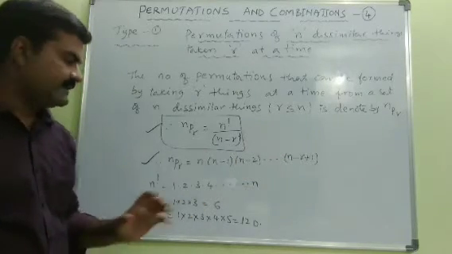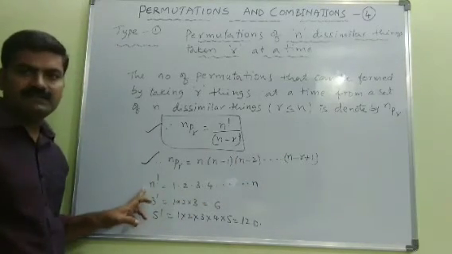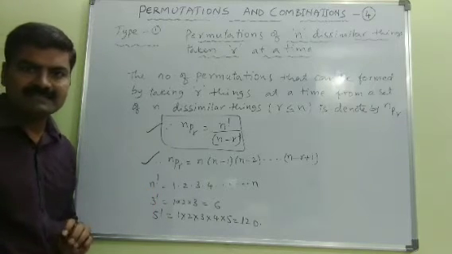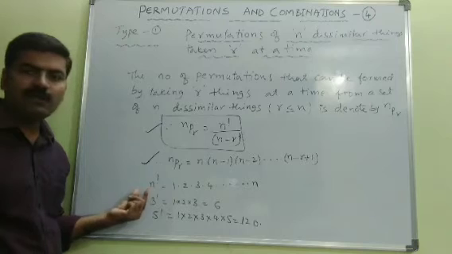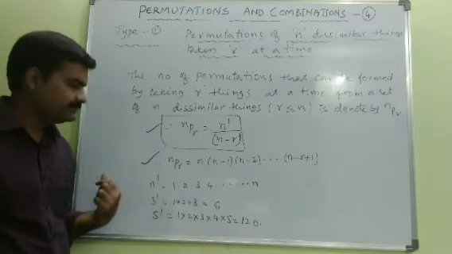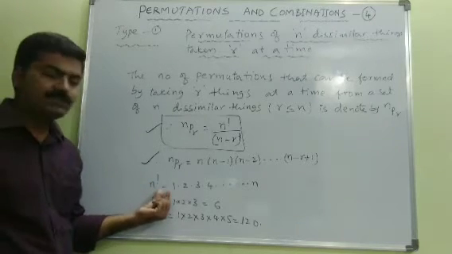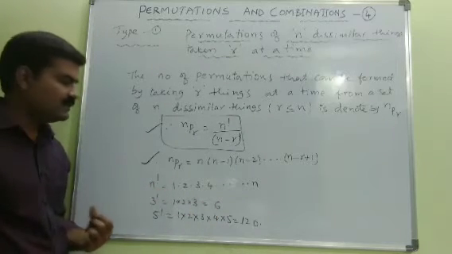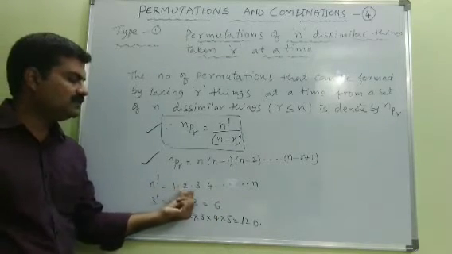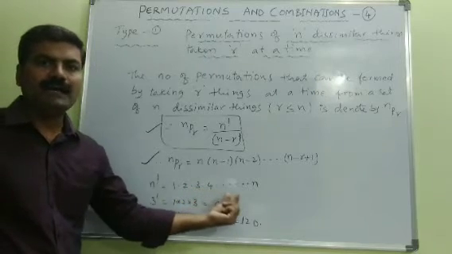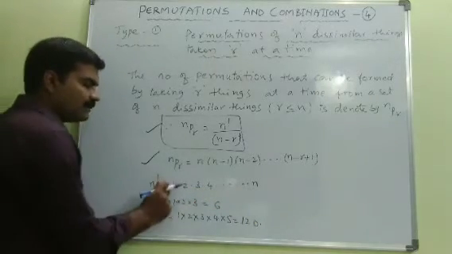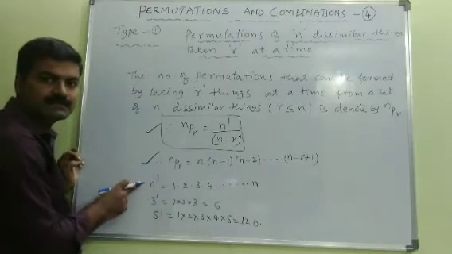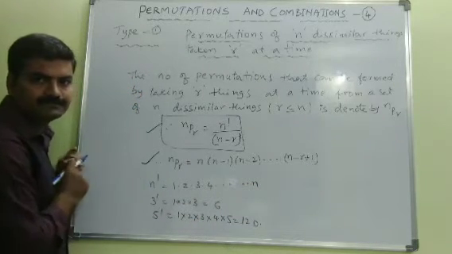Next, coming to factorial. We also discussed factorial in the last class. Let us see how we can write n factorial. n factorial is the product of the first n natural numbers, that is 1 into 2 into 3 into 4 and so on up to n.